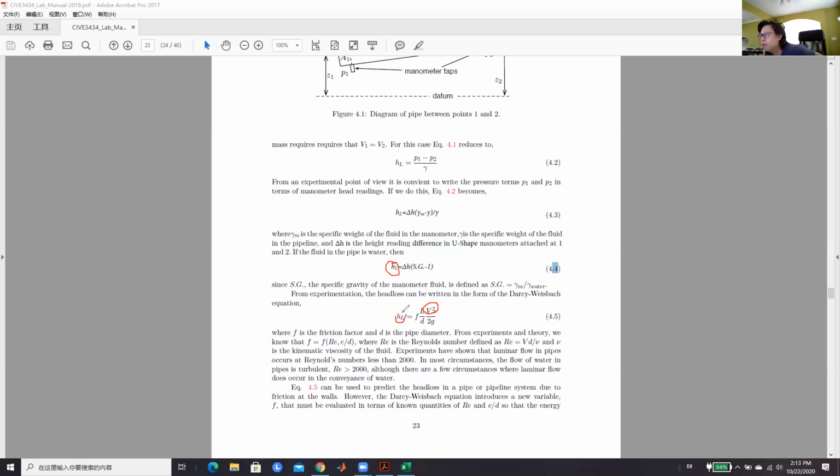Okay, so we have everything in here except for this F. Okay, so the F will become HL times D times 2G over L V squared. Okay, so that's how we calculate this friction factor F in here. And also F is a function of the Reynolds number and E over D.